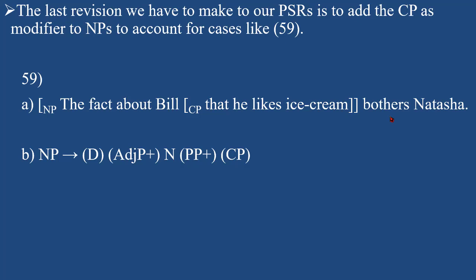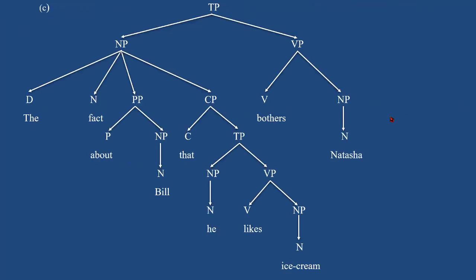NP consists of a determiner, number of APs, a noun, and PPs, and CP. You see, CP also here. So CP here modifies an NP. All right, okay.